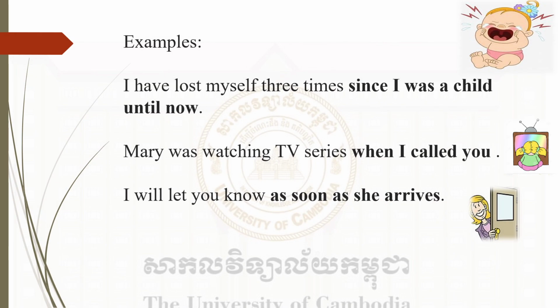Examples: I have lost myself 3 times since I was a child until now. So no comma is needed. If you want to add a comma, you can reverse the sentence. Mary was watching TV series when I call you. I will let you know as soon as she arrives. So these 3 sentences have no comma in the sentence.